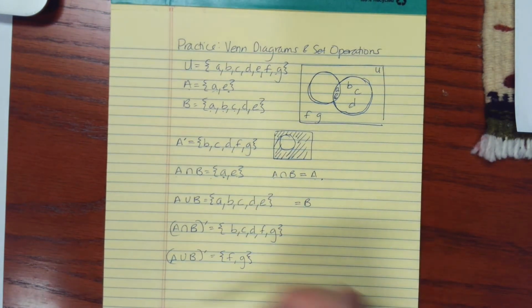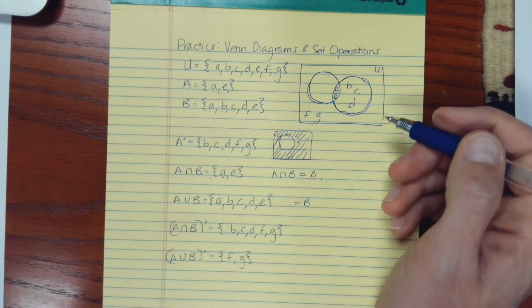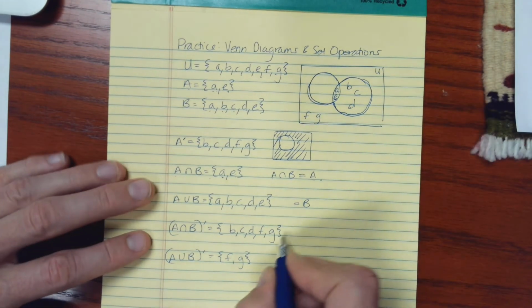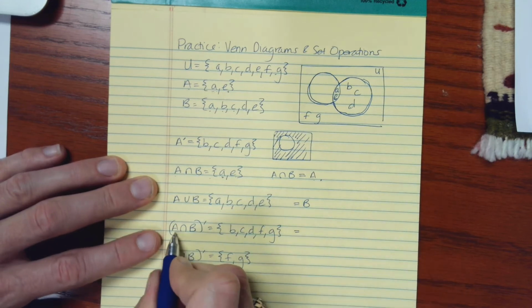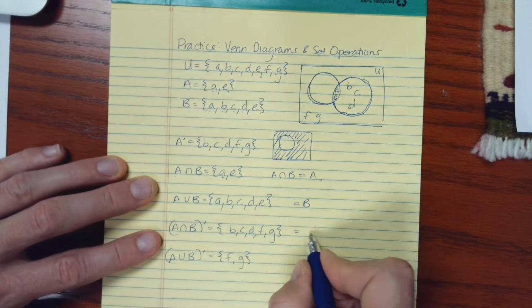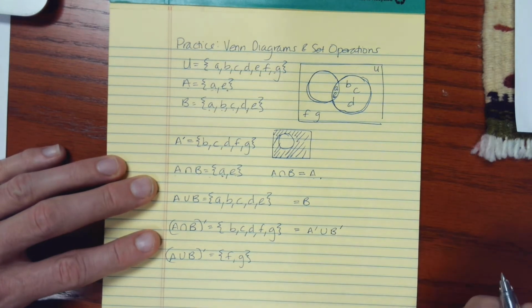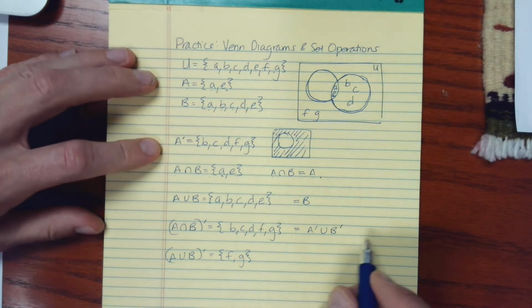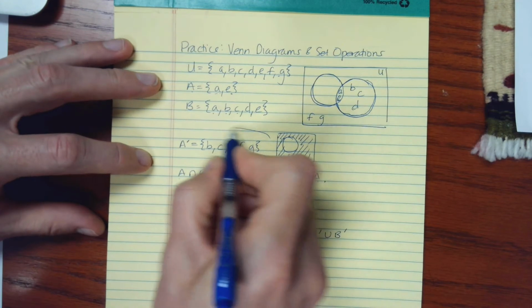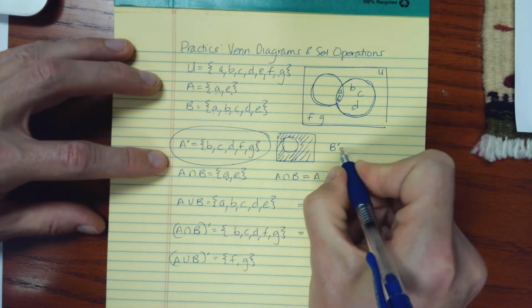So those are just some, and of course there are other things that we could do here. Remember, we discussed in the previous video that this is going to be the same thing. The complement of this intersection is the union of the complements, and so that's a nice way to convince yourself of this. So we already looked at the complement of A. Let's think about what the complement of B is.